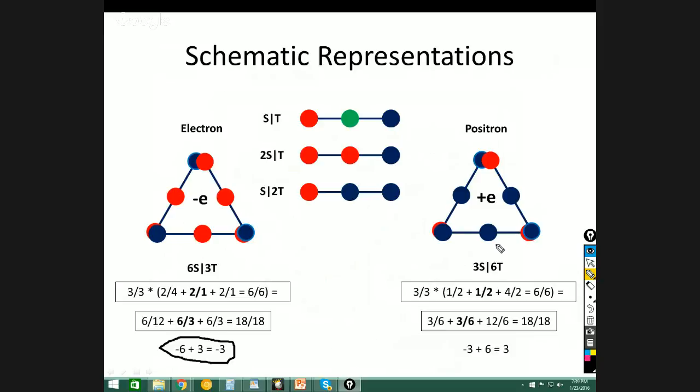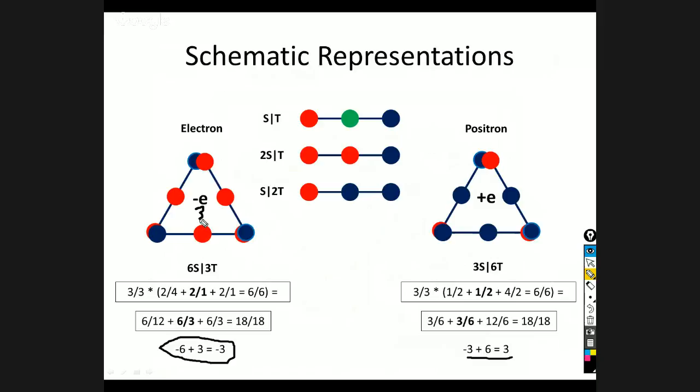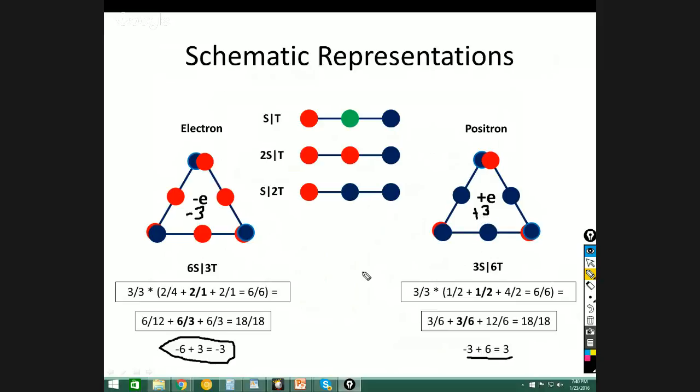And then for the positron, we do just the exact opposite, and we get a -3 and a +6, which gives us a net of +3. So this one has +3, this one would have a -3, and it turns out that that's the antiparticle of the electron.